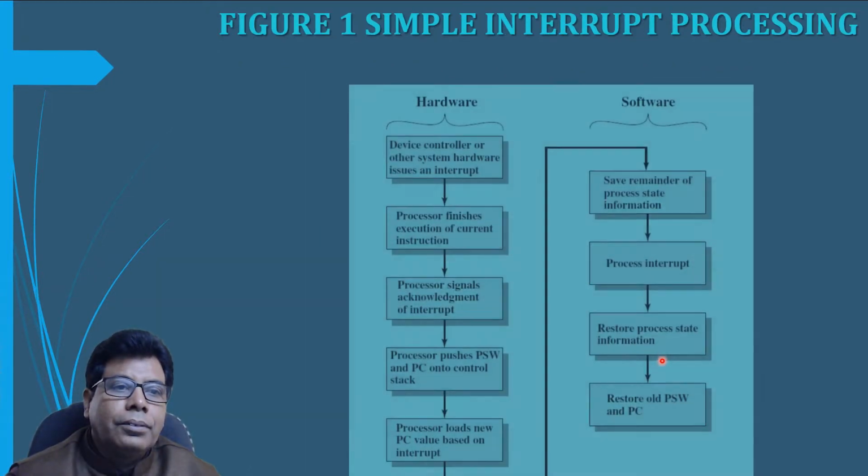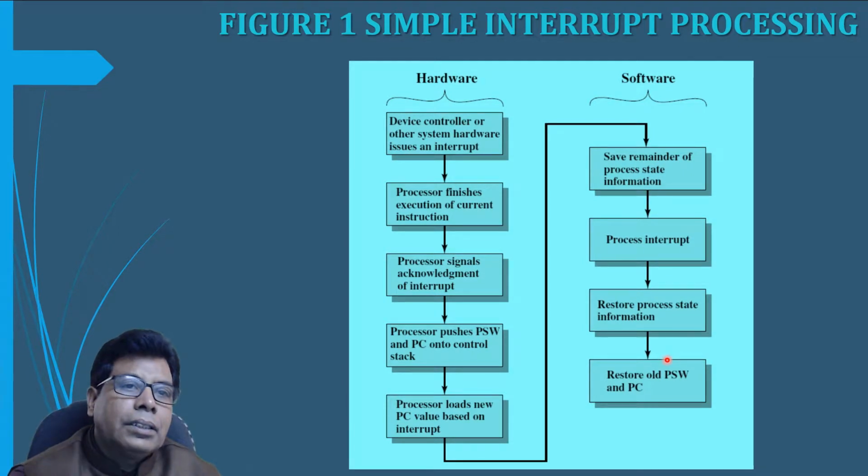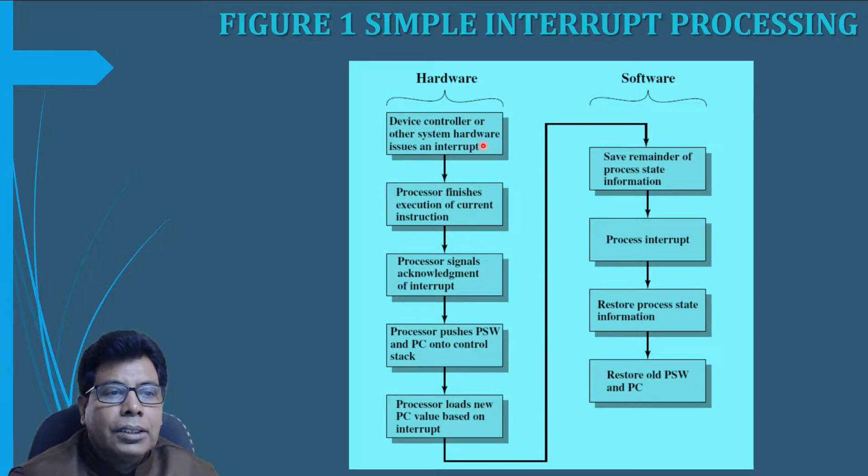Then let us see the diagram. So here this is simple interrupt processing. The changes in the hardware and software will be shown here. The device controller or other system hardware issues an interrupt. That is the first thing. When it issues the interrupt, the processor will finish execution of the current instruction.